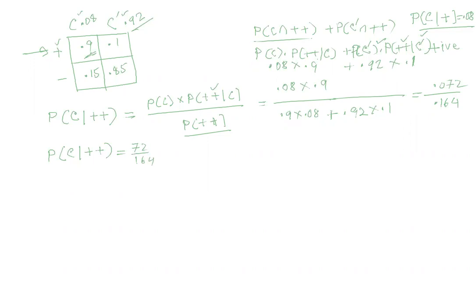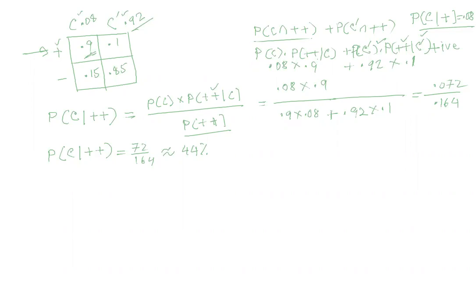So 72 divided by 164, that's about 43%. Approximately, I'd say approximately 44% chance. So that is what the situation here is. So second time around, if the person tests positive, there is a 44% chance that the person has cancer.